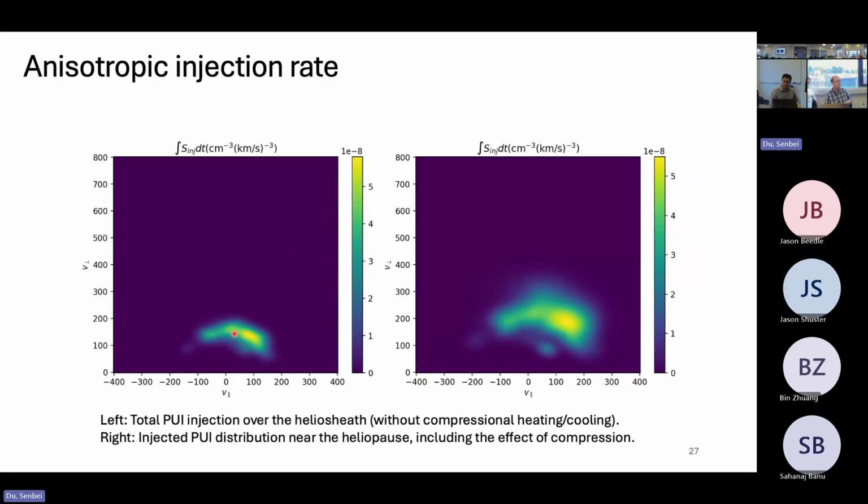That's as expected, just because the Parker spiral is mostly perpendicular in the outer heliosphere. And so the right panel shows the injection rate, including the effects of compression. So there's some heating in that. So it's slightly higher energy.